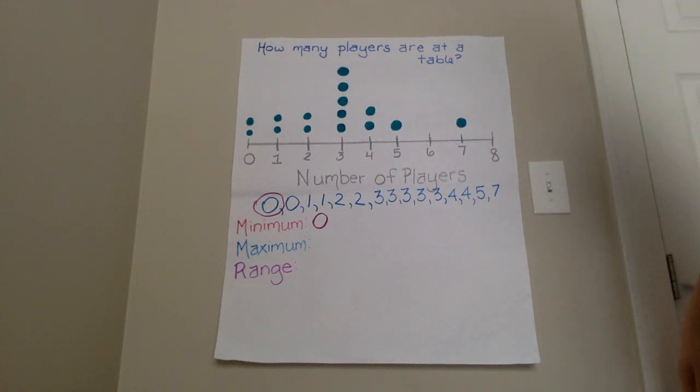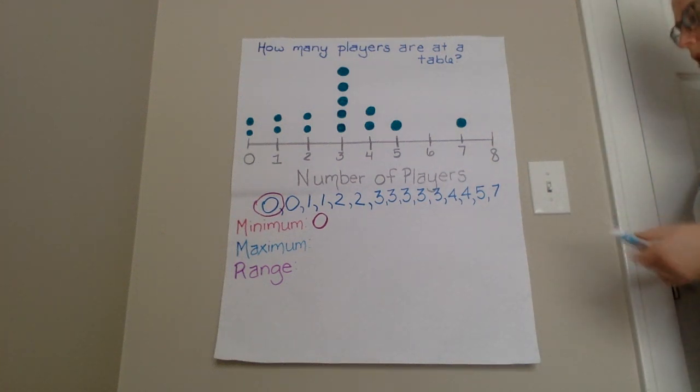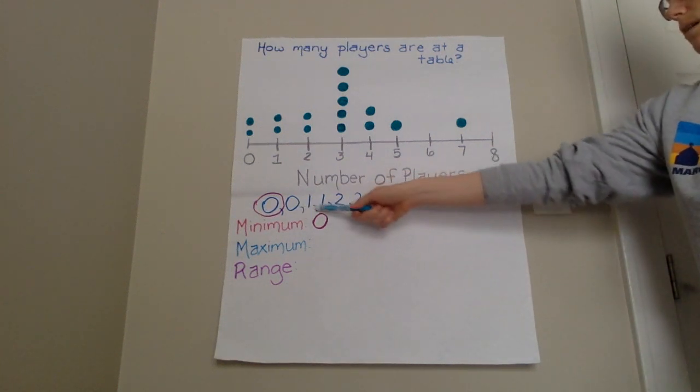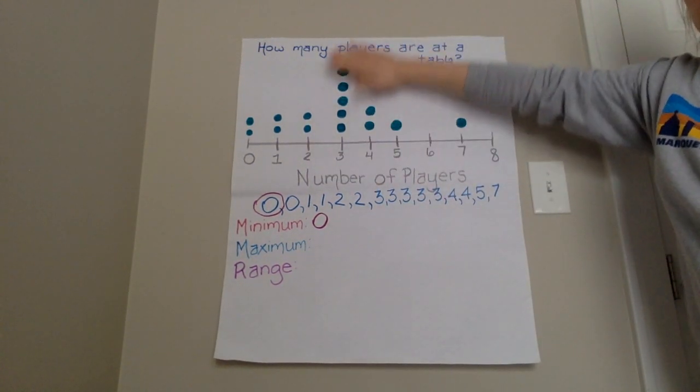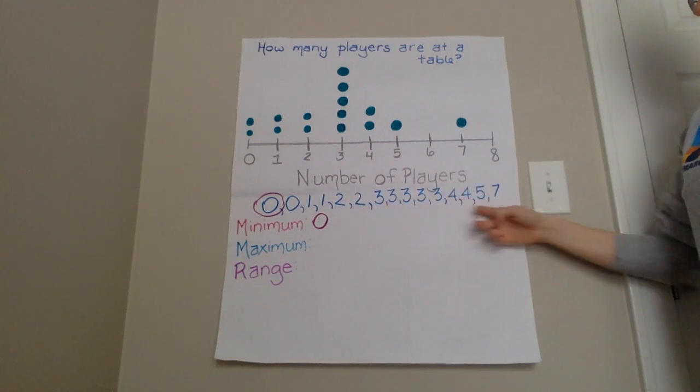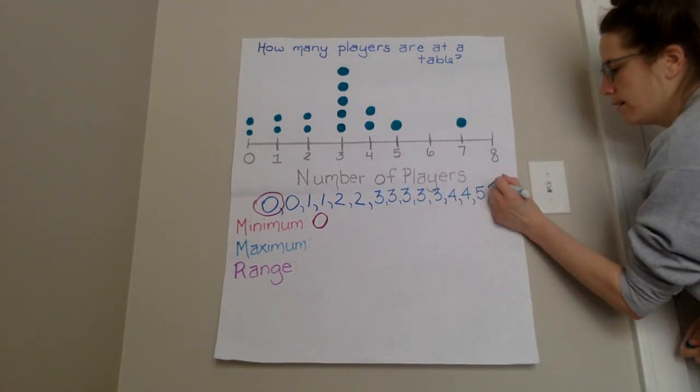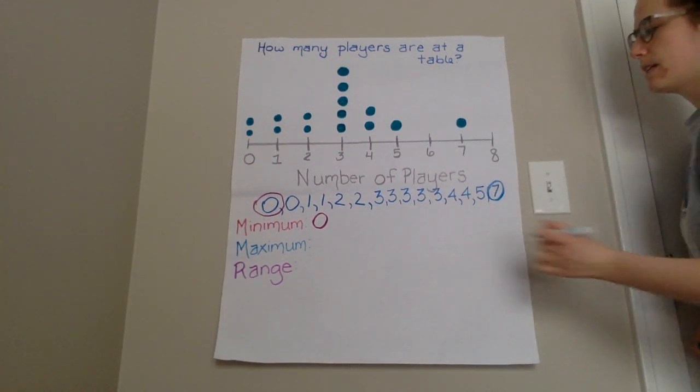When I go to find my maximum, I look, what is the biggest number from my data set? I am not looking at the dot plot. I'm looking at my data set. 7 is the biggest number.